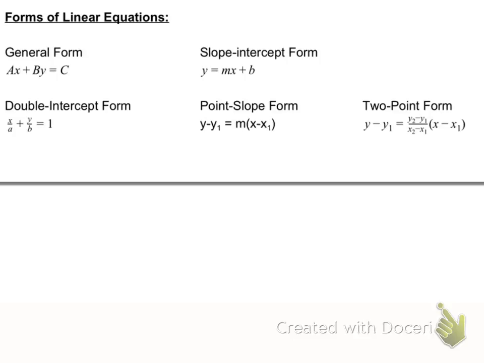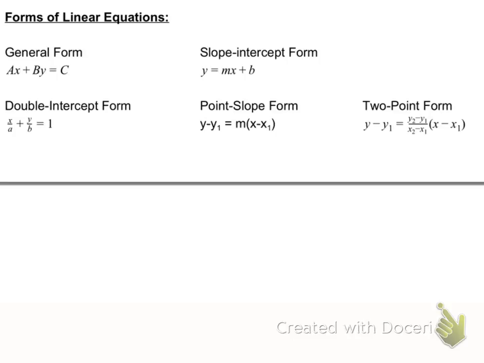Wait a minute. Double intercept and general form look really close to each other. They're almost the exact same thing. But on general form, it equals C. On double intercept, it equals 1. So to get to double intercept form, I will put it into standard form and then divide everything by C.